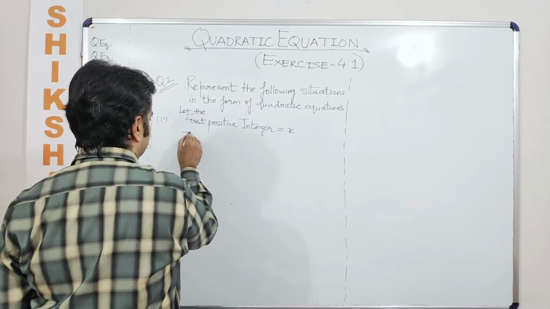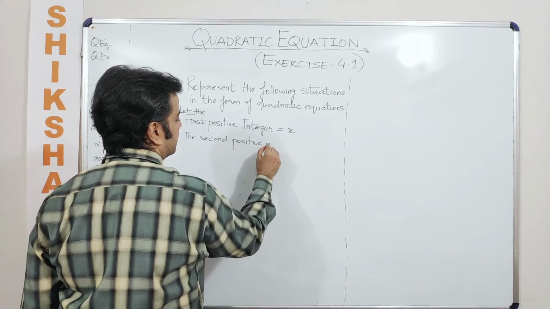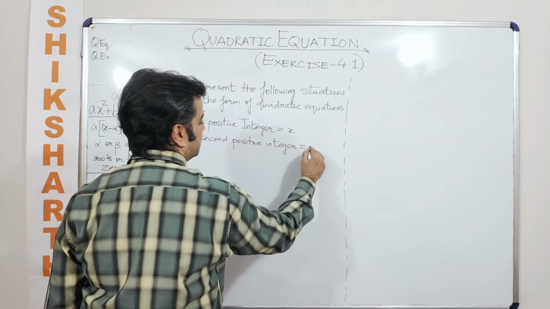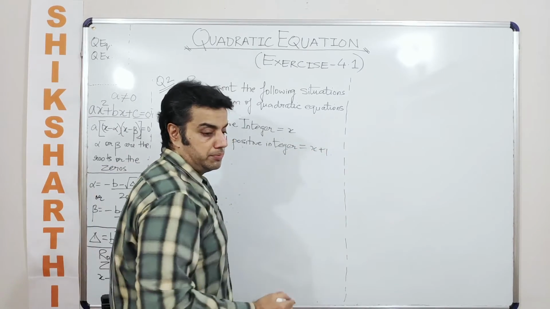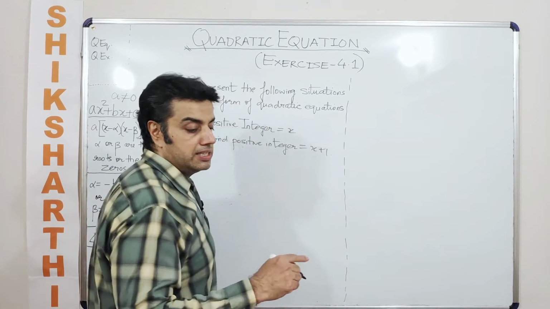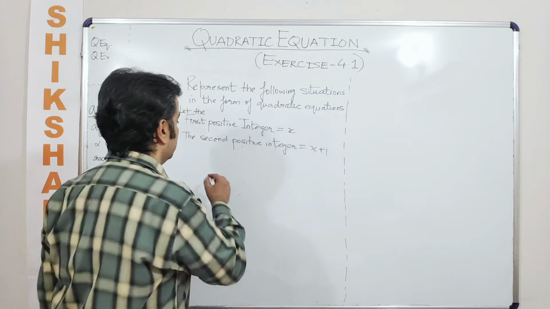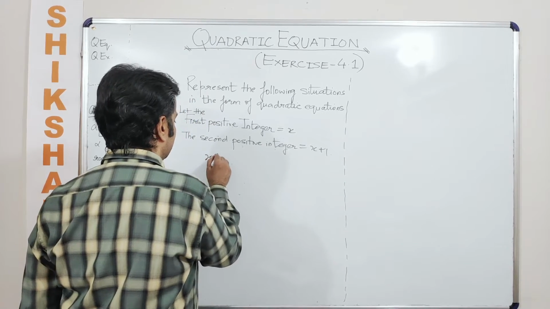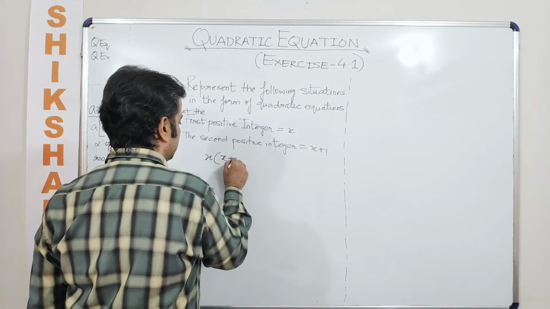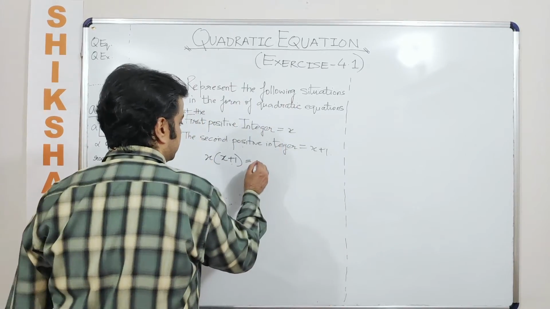In that case, the second positive integer becomes x plus 1. Now what is the piece of information? It says that the product of two consecutive positive integers is equal to 306 and we need to find out the integers. So now x into x plus 1 is given to you as 306.